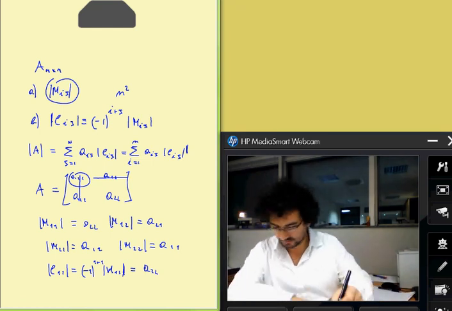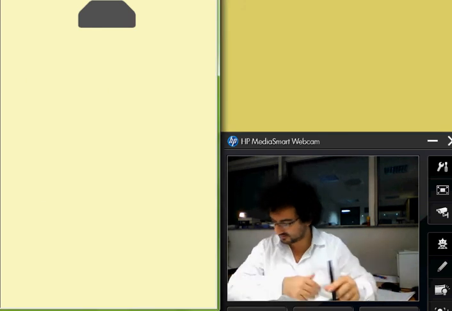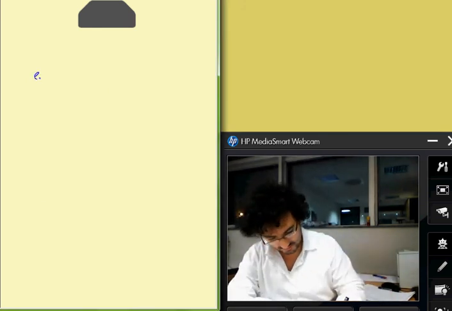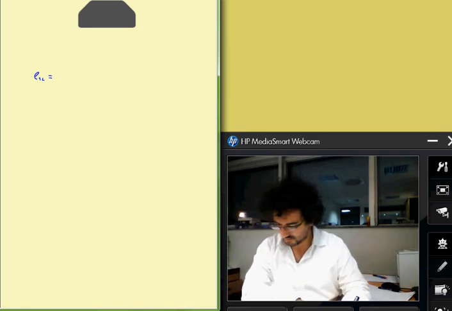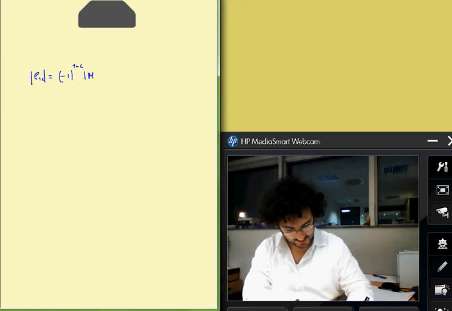The cofactor C12 will be equal to minus 1 to the power 1 plus 2 times M12.